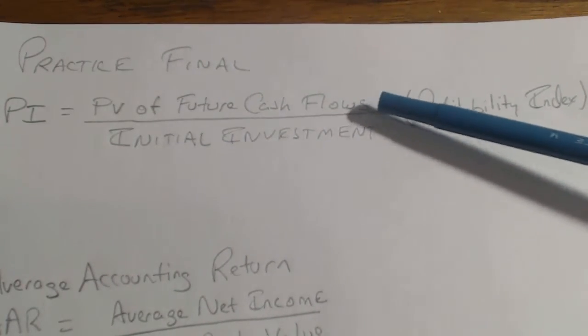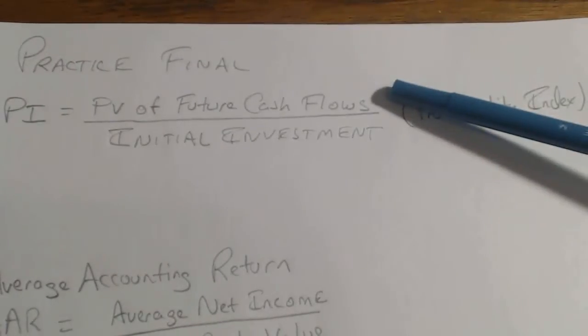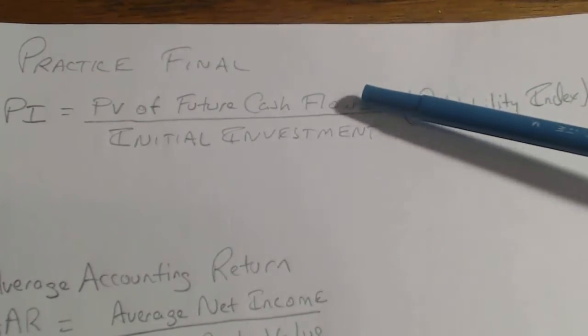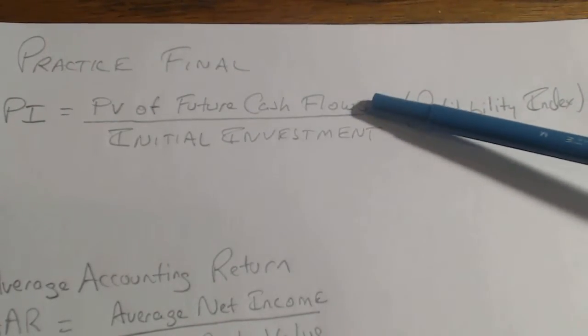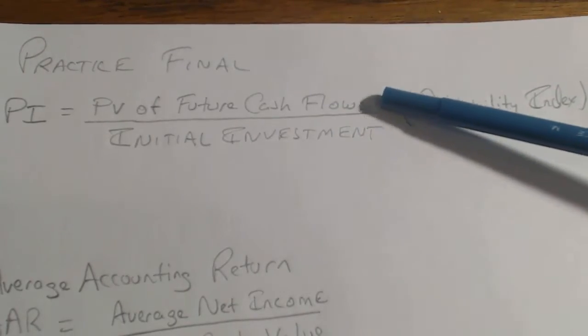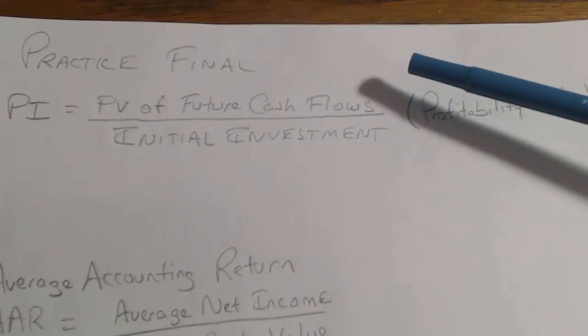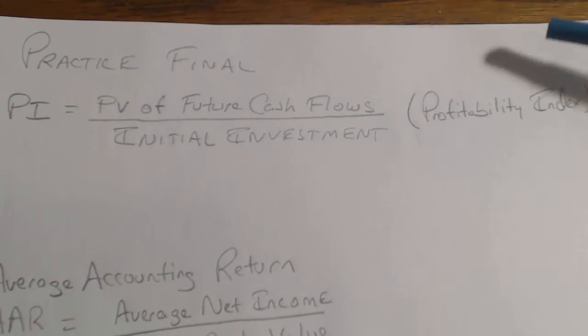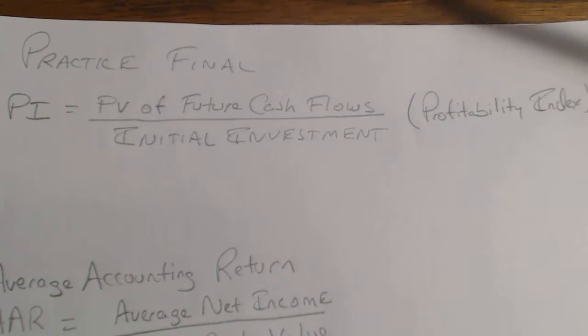So if this is 1 or above, so if the present value of the future cash flows is at least equal to the initial investment, that means that it's a good investment, because in that case the net present value is above 0.